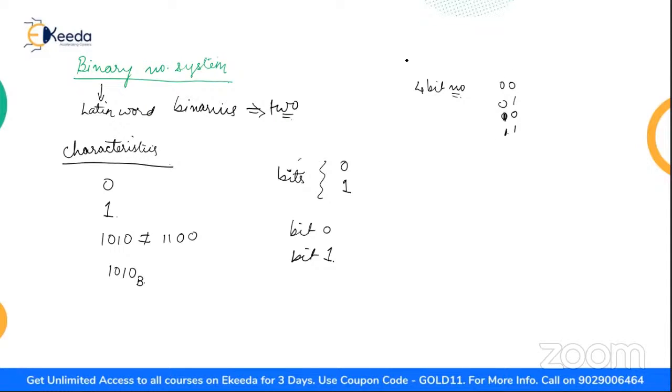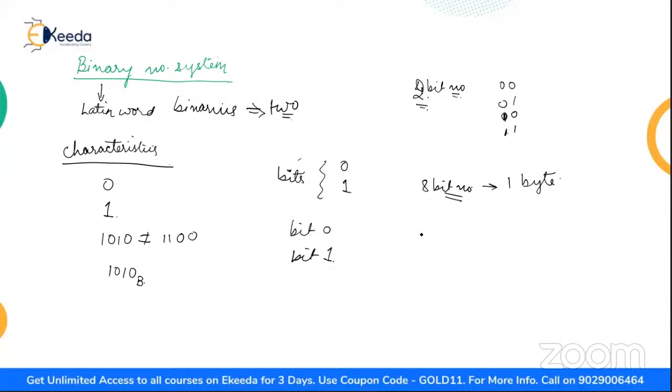So this is actually a 4-bit number. Similarly, you can represent an 8-bit number. So an 8-bit number means 1 byte.